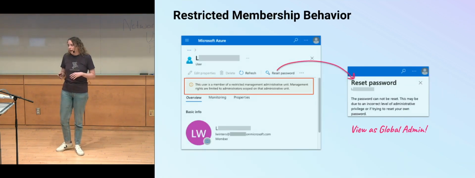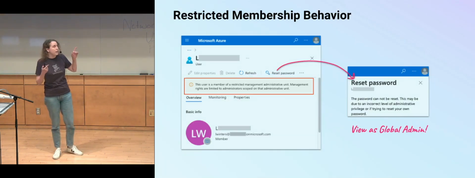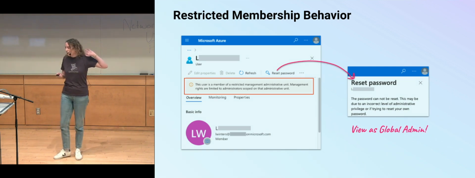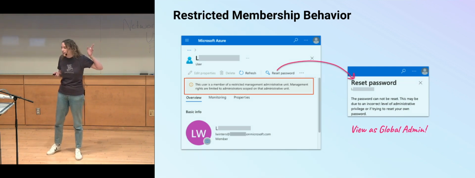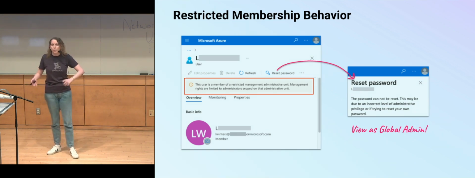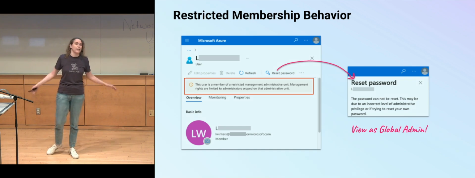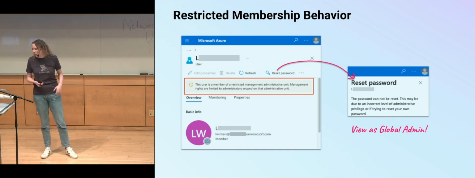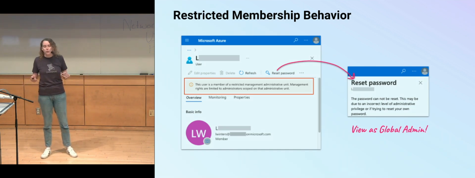Once an account has been placed in a restricted management AU, you can see that this warning shows up that says, hey, you can't manage this account like other ones. This view is from screenshots we've taken as a global administrator. As a global administrator, you'd expect to do anything, manage any user, do whatever you want, be mad with power. But in this case, we can't edit that user's profile details.